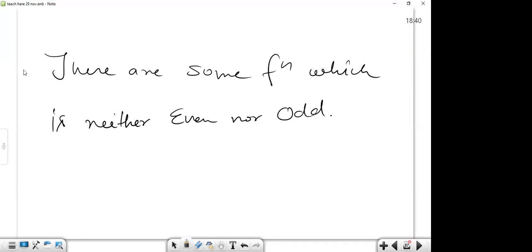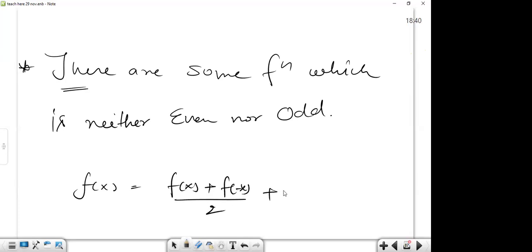For these kinds of functions, we can use this particular formula to write them as a sum of even and odd functions. Clear?